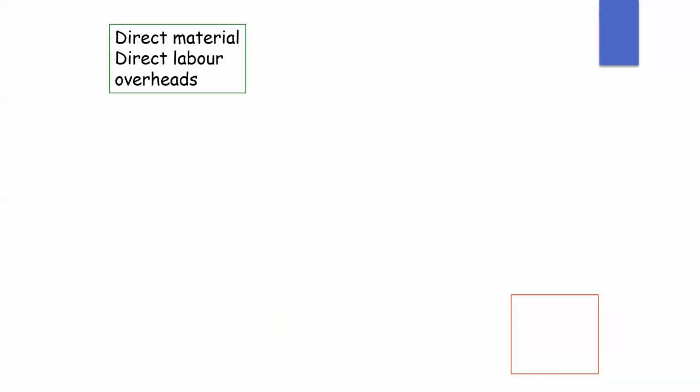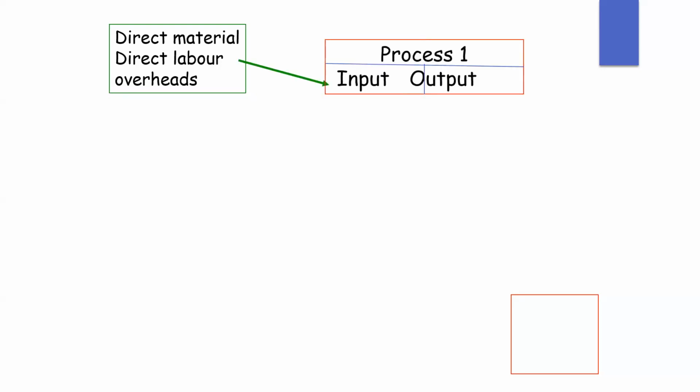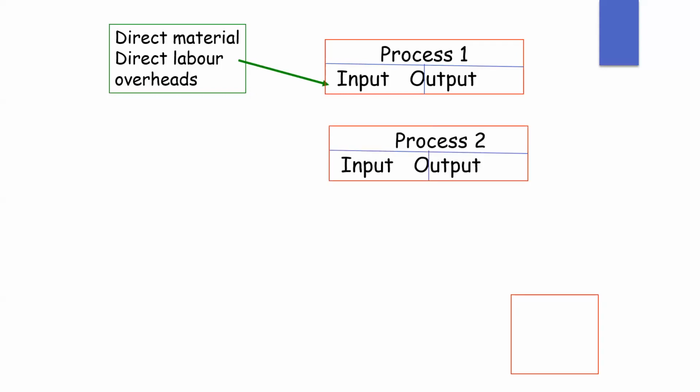So first we are going to send all the direct materials, direct labor and overhead to the first process. These are the inputs of the first process. Then the output of process 1 will be transferred to process 2 as the input.